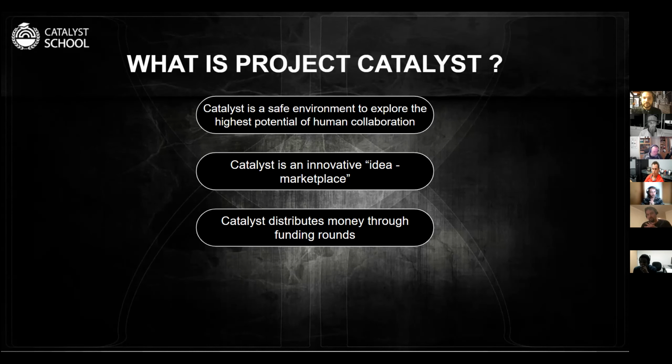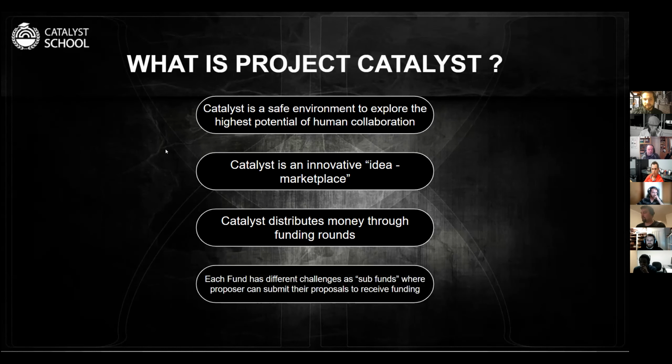They used to last, I think, 2 months, and there was some overlap between them, but now we finish one before we start the next one, and they last 3 months. So this is starting right now, and I think we are at the middle of November. Yeah, so 3 months from now, Fund 8 is going to start. So we are aiming at 4 funds per year right now.